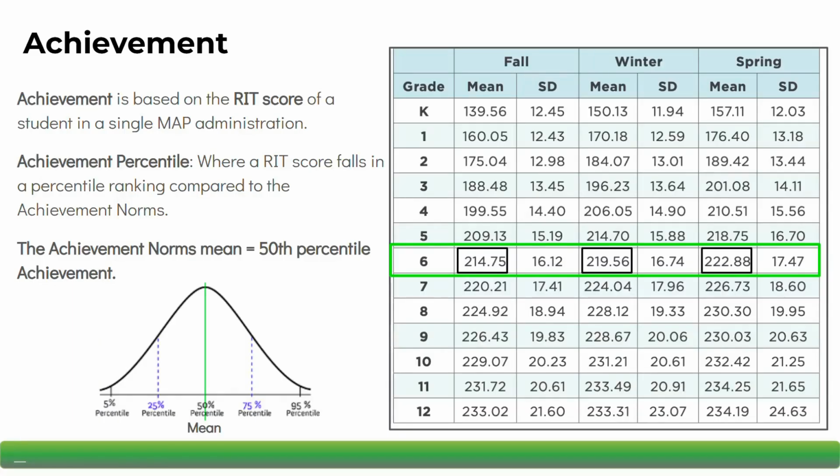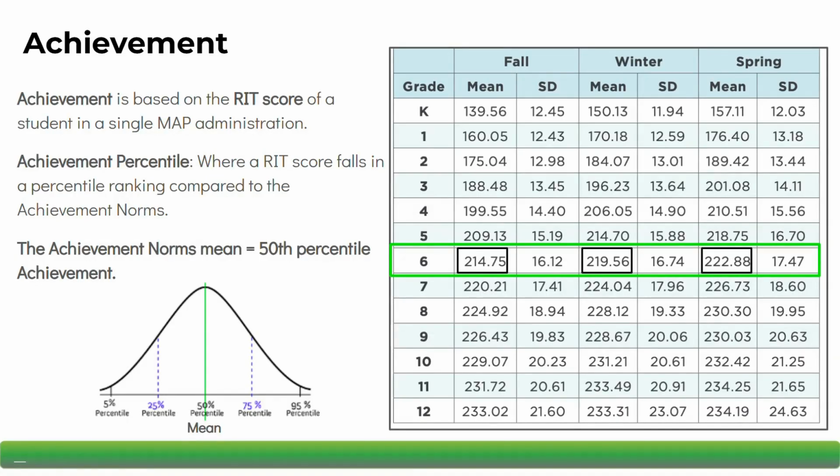I know we look at 50th percentile sometimes and we think that's low, but that is average for nationally normed. So here what we have is our fall average for sixth grade, which is 214. And then we have our winter average, which is 219. So if you notice, our scores have gone up 5 points from fall to winter.